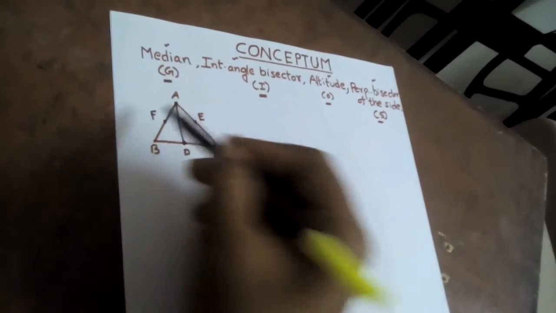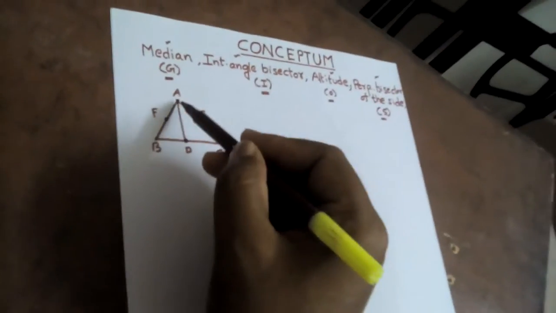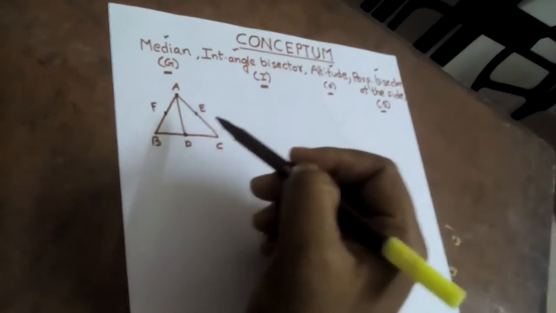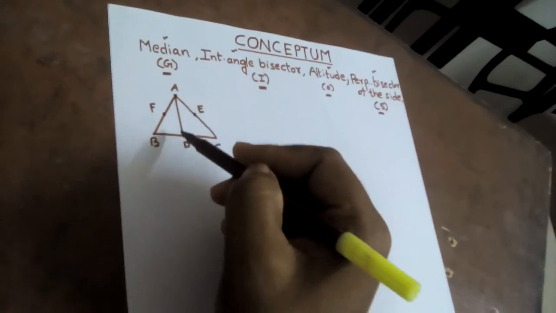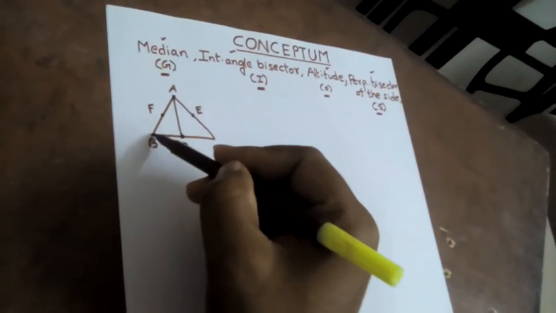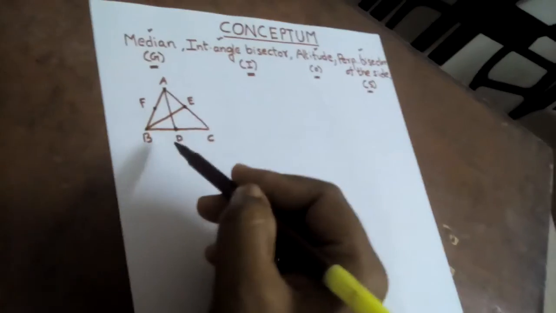Let that be F. Now here AD is called median. Similarly, in this triangle we can draw another 2 medians like BE and CF also.